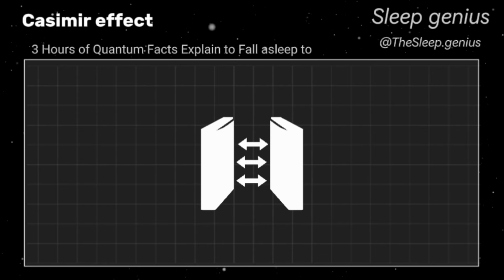Others mistakenly attribute the force to classical electromagnetism or to van der Waals interactions, but the Casimir effect is distinct, arising specifically from the modification of vacuum fluctuations. Understanding its precise origin requires careful attention to quantum theory, reminding us that intuition shaped by everyday experience is often insufficient when confronting the subatomic realm.